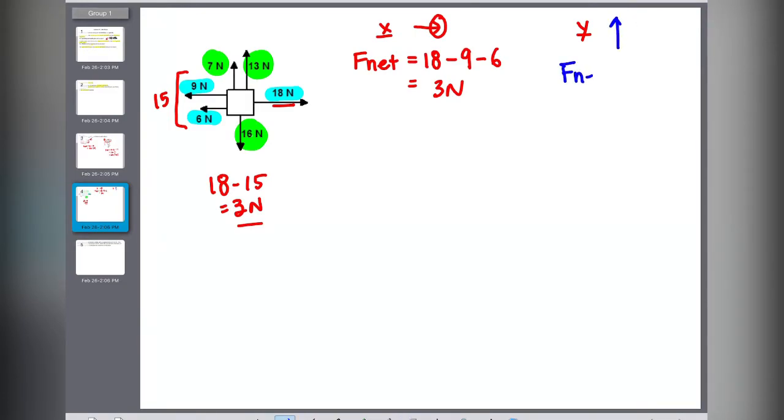So I still start out with F net. It's going to be up. So 13 and 7 are both up, minus the bottom, which is 16. So 13 plus 7 minus 16 gives me 4 newtons that is going upwards. Okay, I forgot to say that this is to the right. So make sure you put the direction down.